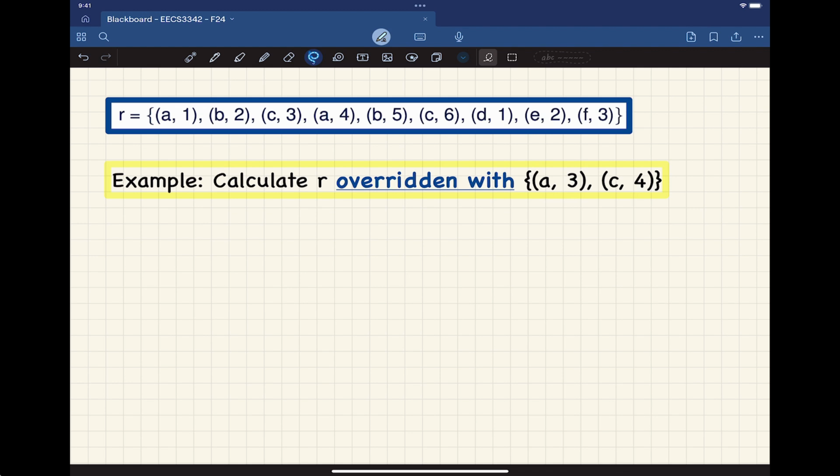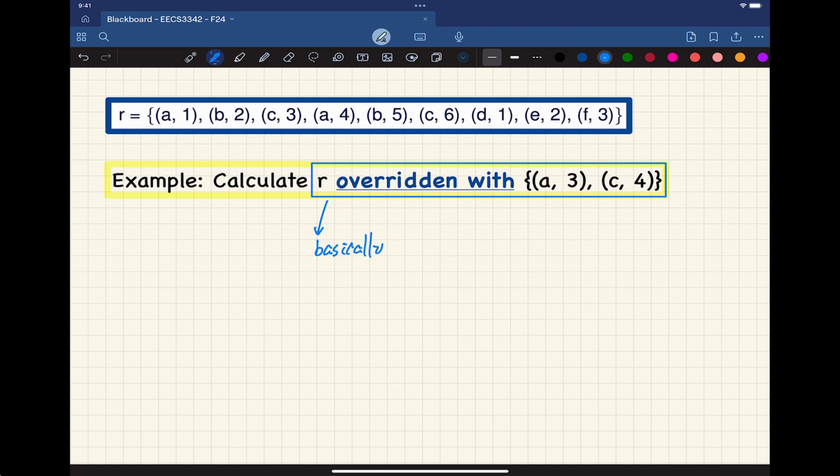The way I see this more intuitively, of course, it would be consistent with the formal definition, but this might be a little bit easier for you to think about. So when I say R overridden with this, it's basically R. All right, that's the first point.